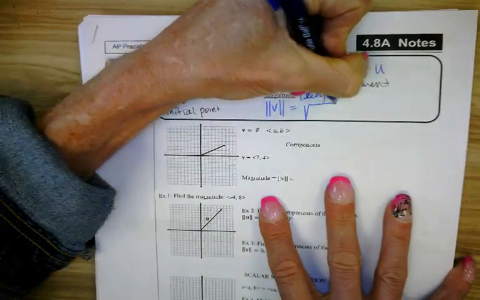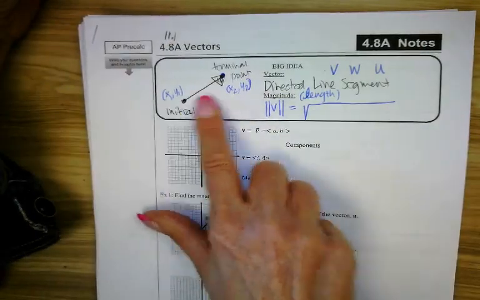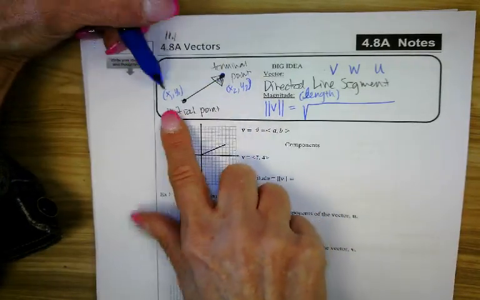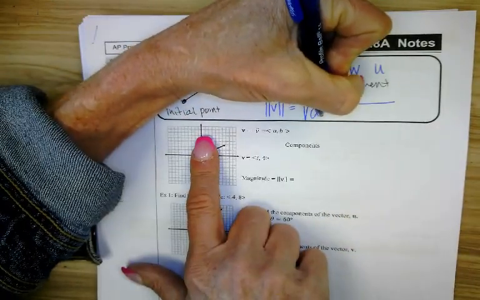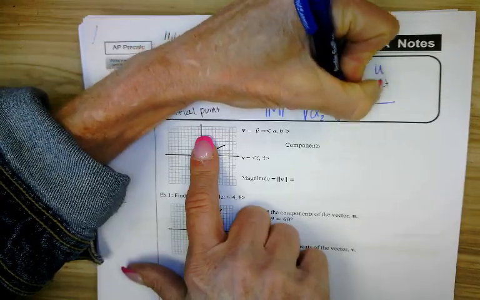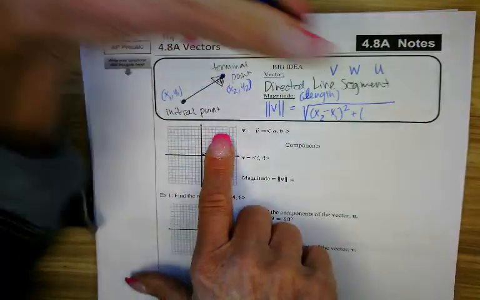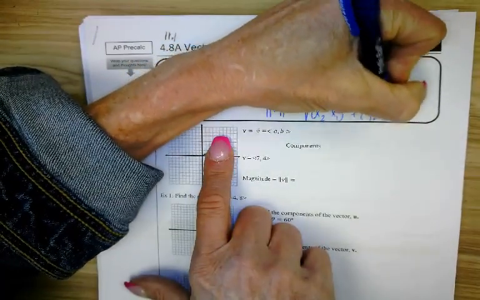I'm going to take the square root, and this is if I have ordered pairs that represent the beginning and the end. I'm going to take x2 minus x1, the difference in the x's, and square them. And then add the distance between the y's, y2 minus y1 squared.